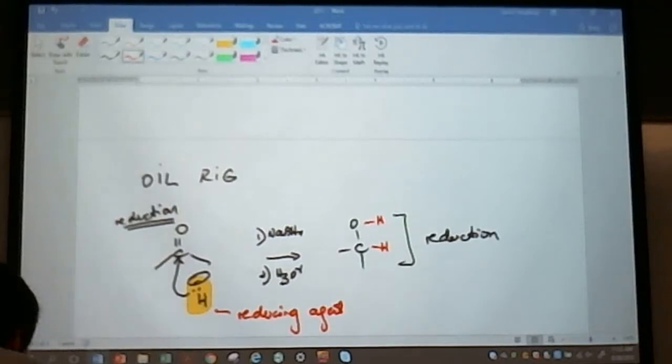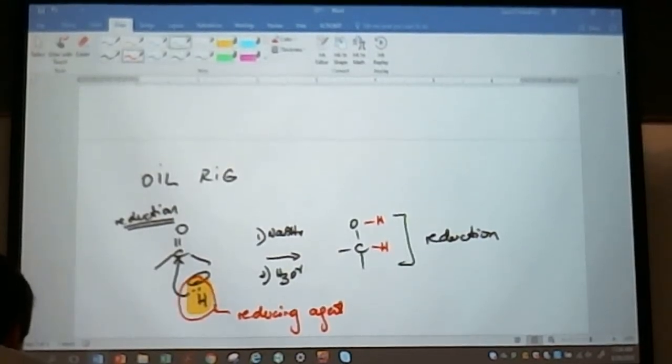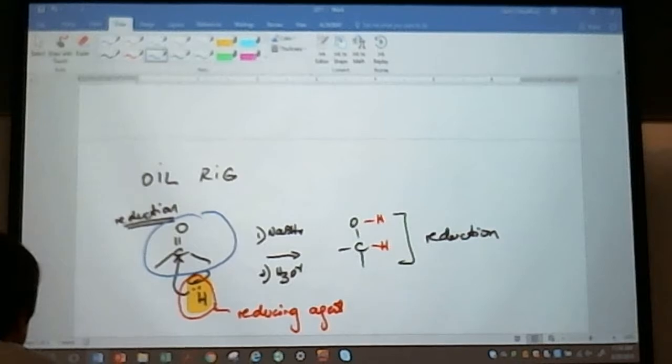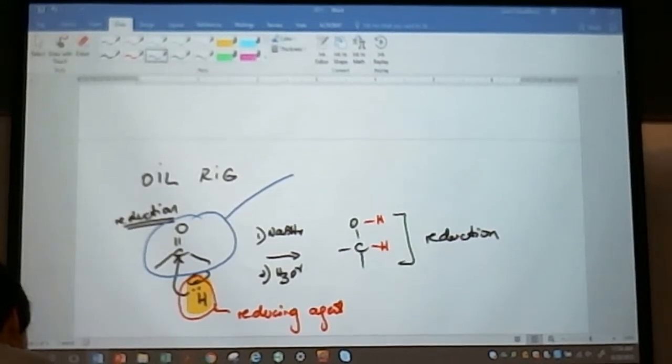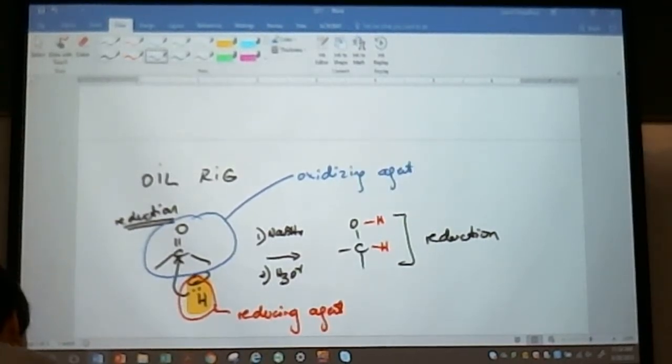Your reducing agent is going to be oxidized, while your carbonyl, while this is my reducing agent, this that is being reduced is my oxidizing agent. Right? It's always the opposite. Whatever is being reduced is the oxidizing agent. Whatever is being oxidized is the reducing agent.